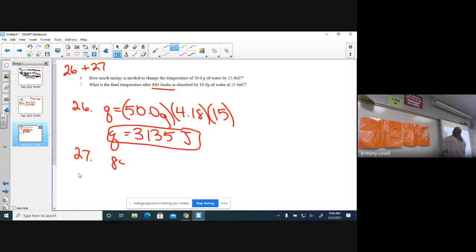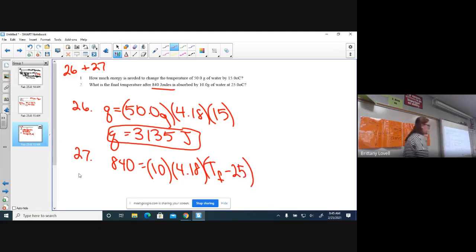So you've got 800 is equal to 10 grams of water times your specific heat of water, which is a known. And then you're trying to figure out final temperature, which is TF minus 25, your initial temperature of water. Now at that point, it's just going to become a multiplication or an algebra problem, right?